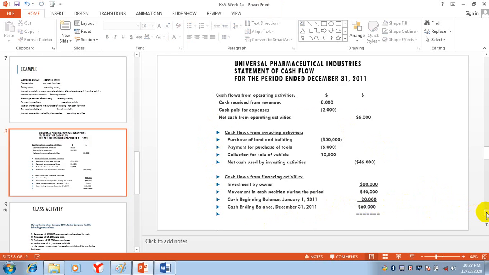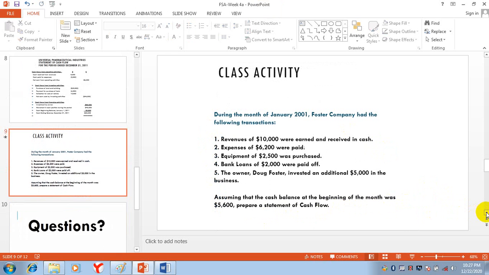If you have some confusion, you can ask questions. This is a class activity. During the month of January 2001, Foster Company had the following transactions. Revenue was earned and received in cash. Expenses were paid. Equipment of 2,500 was purchased. Bank loan of 2,000 was paid off.